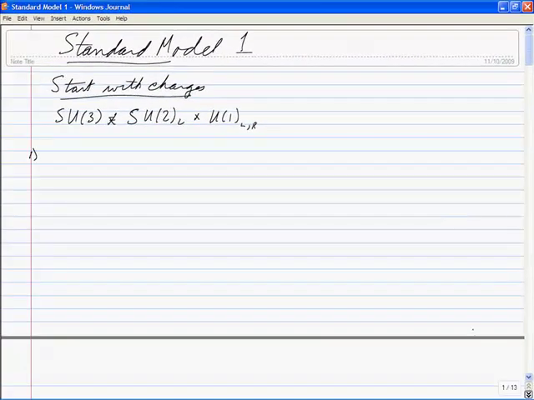The first fact is that the SU(N) charges are fixed.